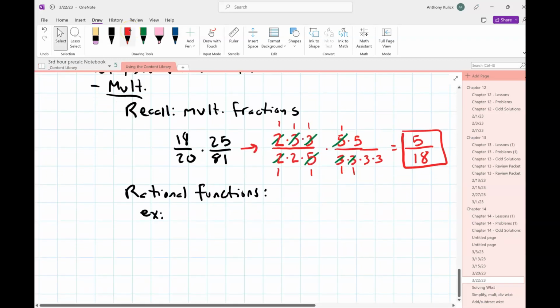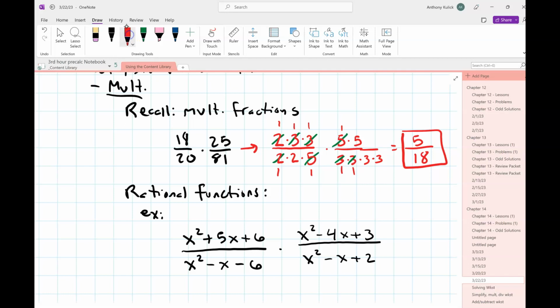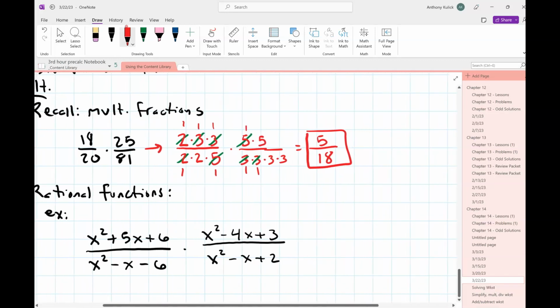So let's take a quickie example. Yeah, so that would be the correct first step.